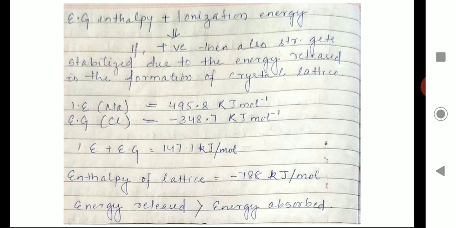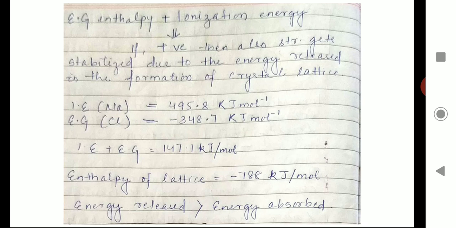If we add electron gain enthalpy and ionization energy, we get a positive value. Even so, the structure is stable, because there will be a release of energy due to the formation of the crystal lattice. The main thing I want to say is that when energy is released to the surroundings, we say that the compound formed will be stable.